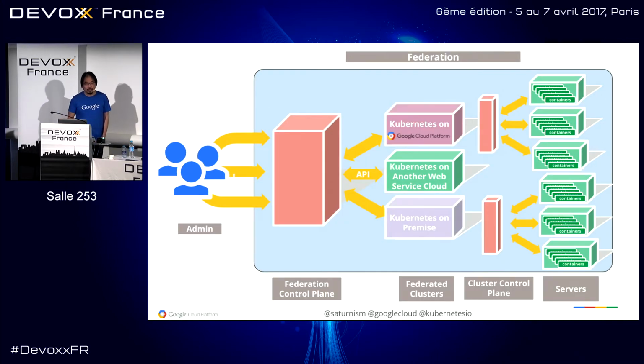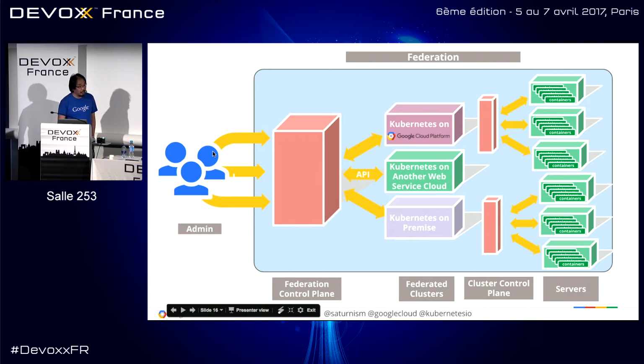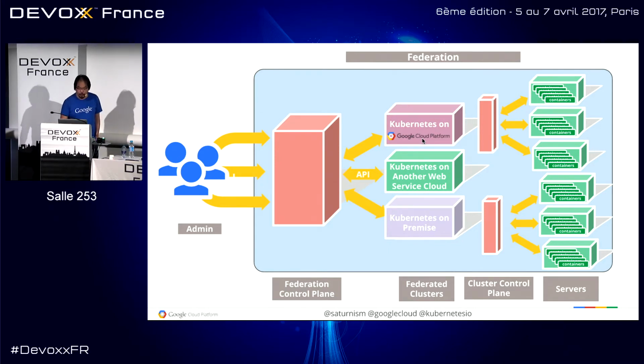Literally, this is what it looks like behind the scenes with Federation. With the same API, the same client, and the same tooling, you can talk to what we call a Federation control plane. Through that control plane, it can then talk to multiple different clusters running Kubernetes. And it does not matter where they run.